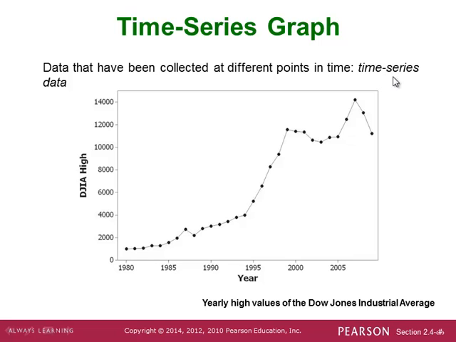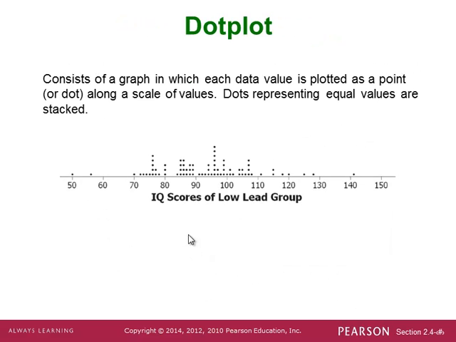This is an example of a time series data chart, time series graph. Notice, by the way, that the dots are connected with line segments, typical for a time series graph.